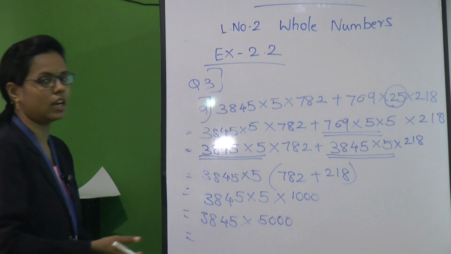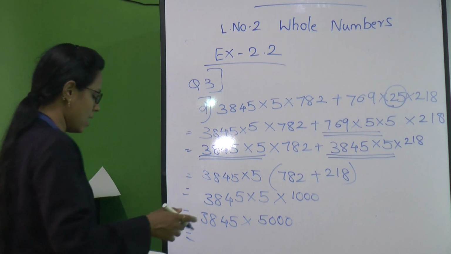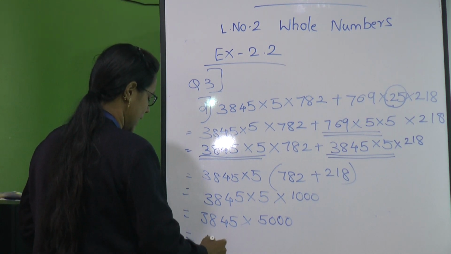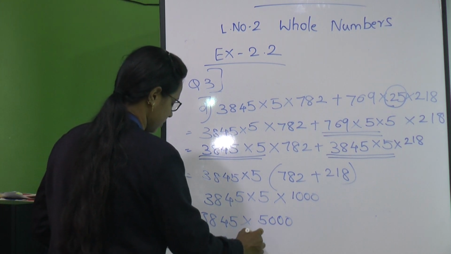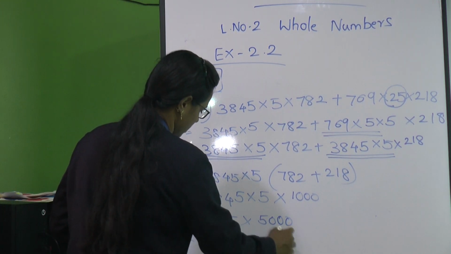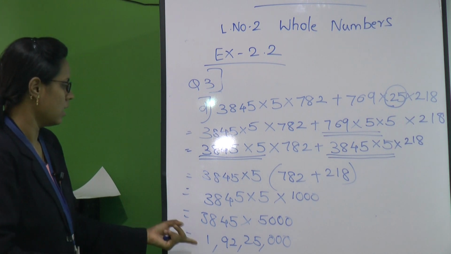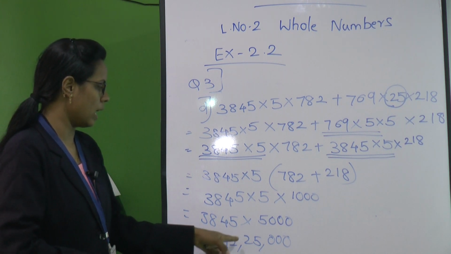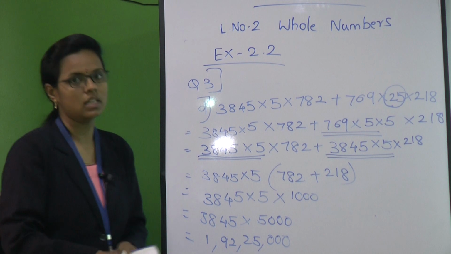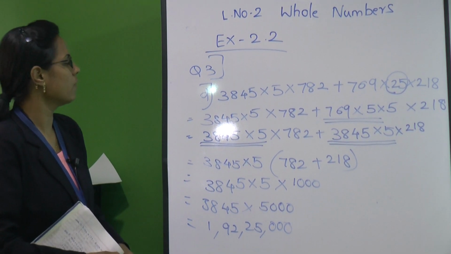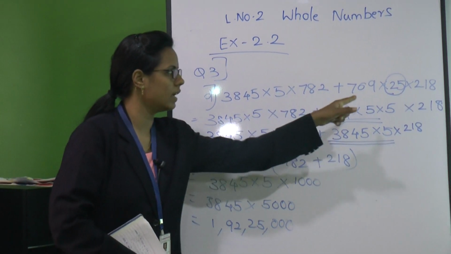Then 3845 multiplied by 5000 we get 1,92,25,000 as the answer.